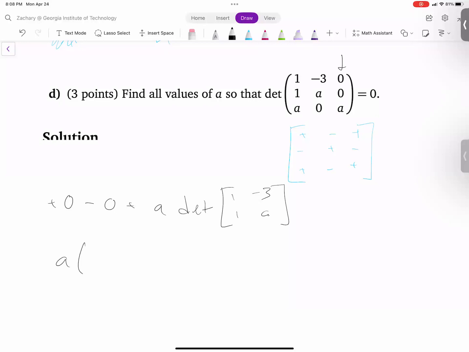So it gives me A plus 3 equals 0. What are my two values of A that this is true for? 0 and -3.